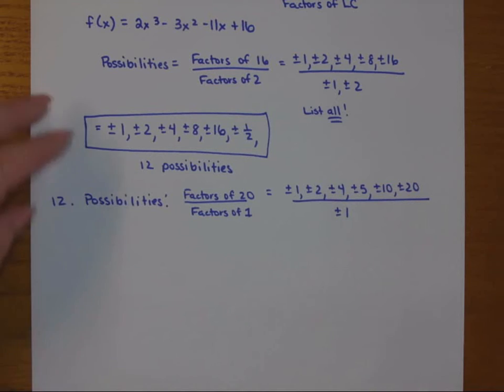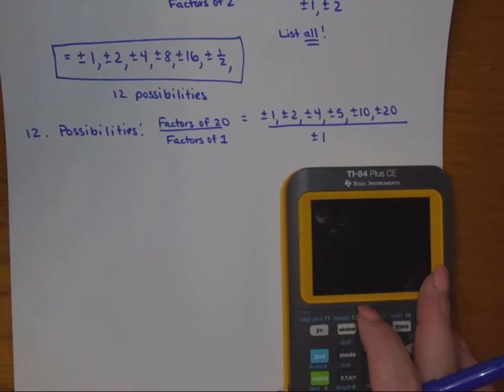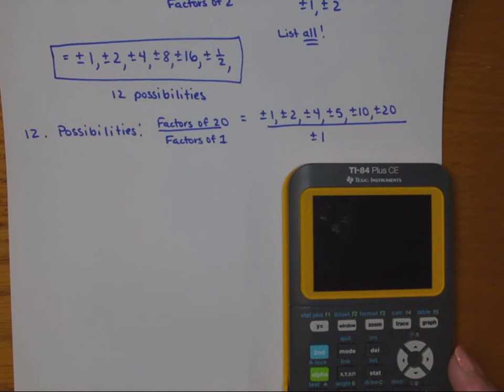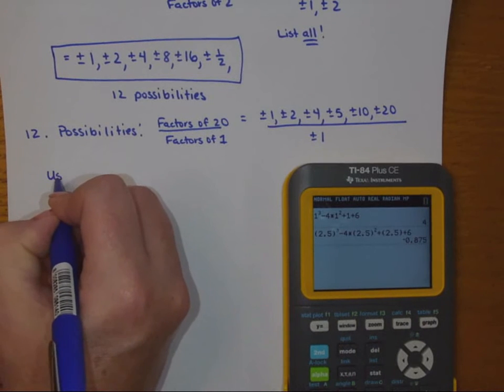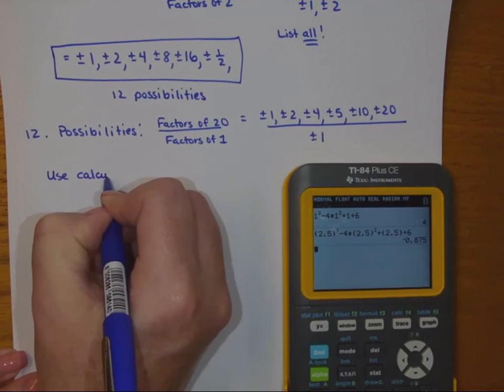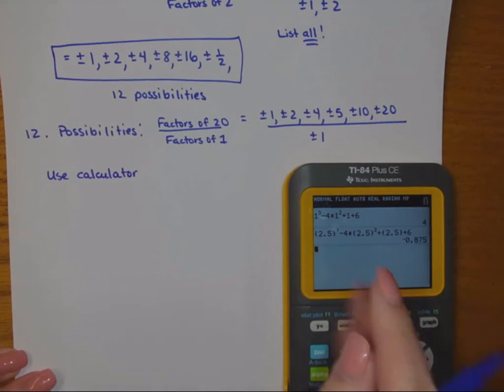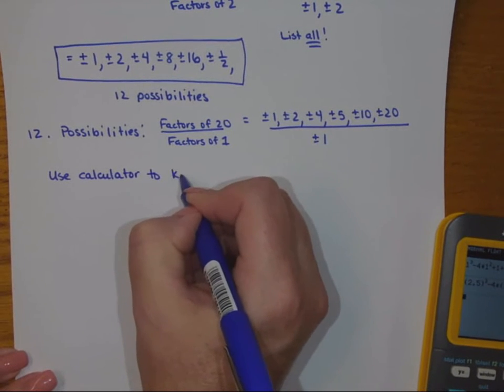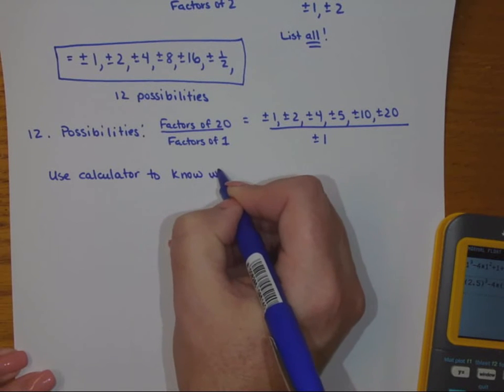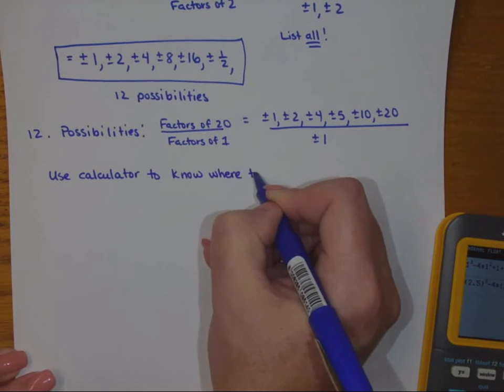So what we do in this, and remember what I told you I would probably do, is I would give you a hint about where to start. So we're going to use the calculator basically to know where to start. But on the exam, I'm going to actually tell you where to start.